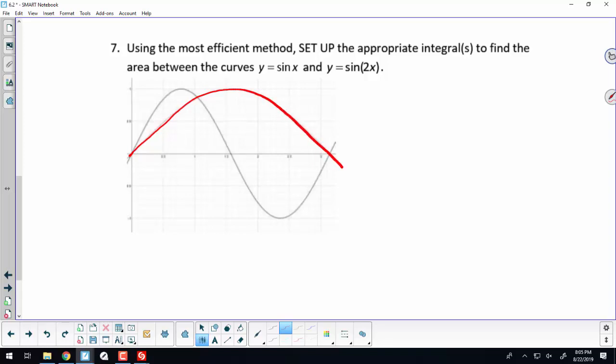So that curve is sine x or sine 2x? Which one? Okay, does that look right?